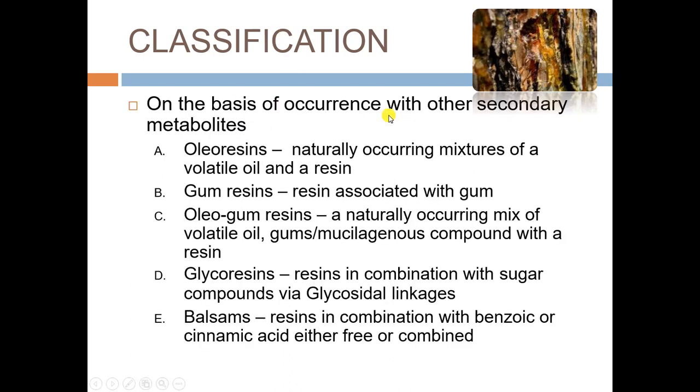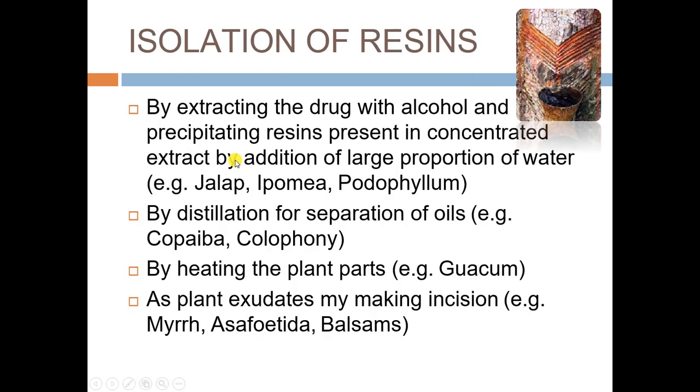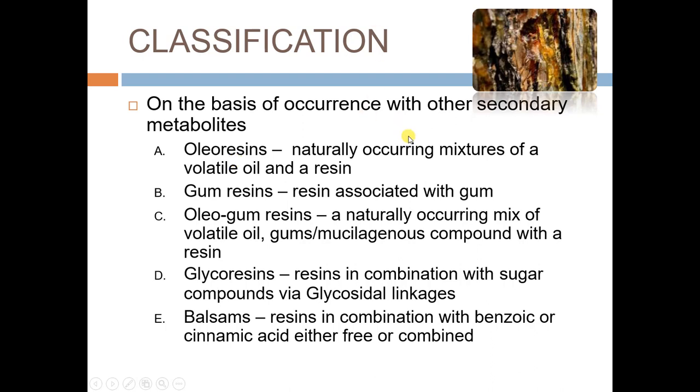Now on the basis of occurrence with other secondary metabolites, the first one is oleoresins. Oleoresins are naturally occurring mixtures of volatile oil and resins. The second one is gum resins, which are those resins associated with the gums.